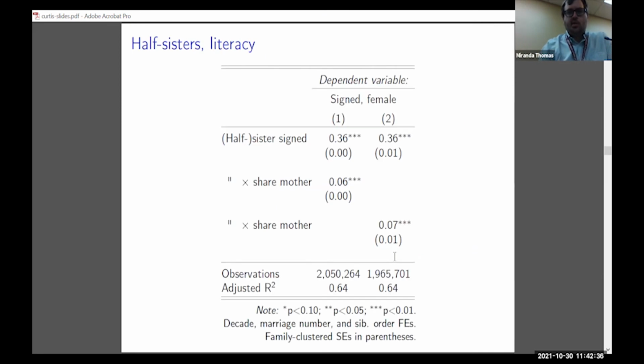So the idea here is I have two women. They are either sisters or half-sisters, and they share a father in column 1. So the association between their literacy, if they share a father, is 0.36.